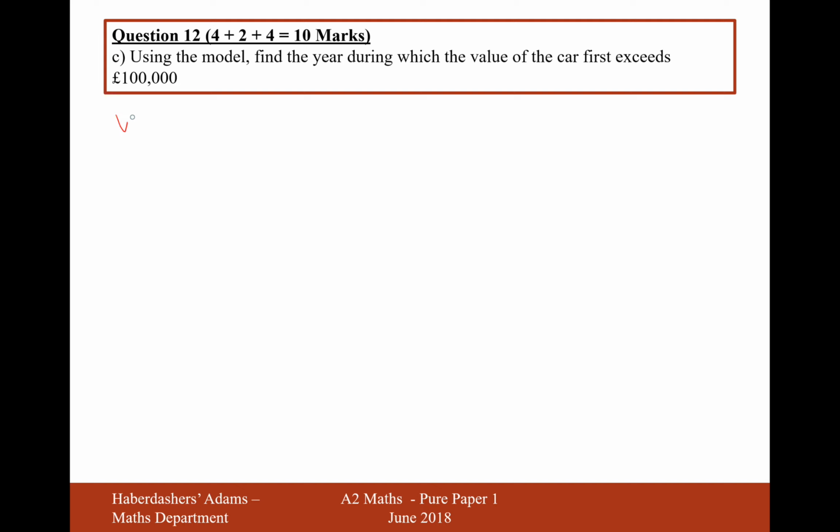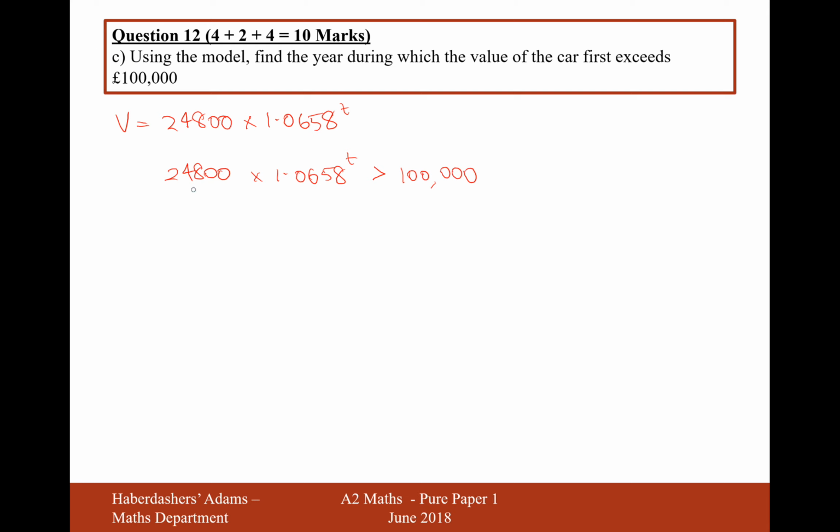Now moving on to part C, just a reminder of what we had before. 24,800 times 1.0658 to the power of t. Using this model, find the year during which the car first exceeds 100,000. Okay, so we're looking for 24,800 times 1.0658 to the power of t to be bigger than 100,000.